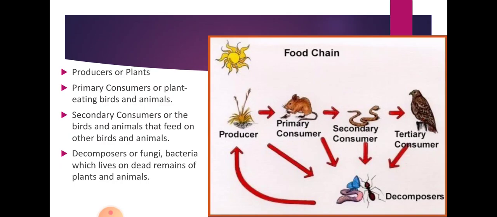Food chain is the transfer of energy from producer to primary consumer, to secondary consumer, to tertiary consumer, and finally the decomposers are there to decompose all the remains of dead bodies of these things, and that will return to the abiotic component.